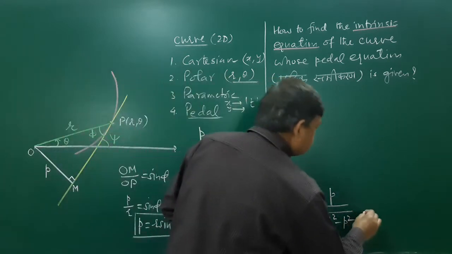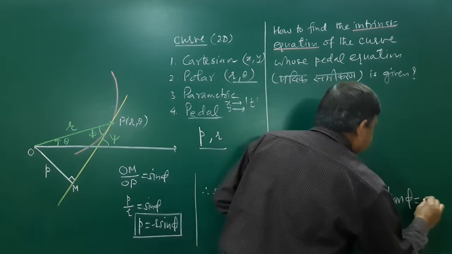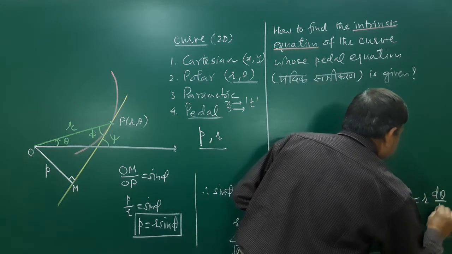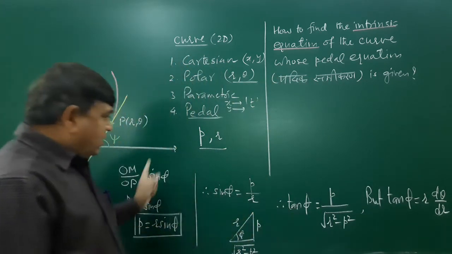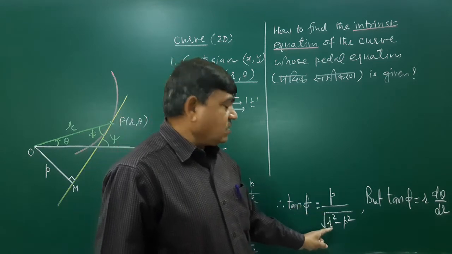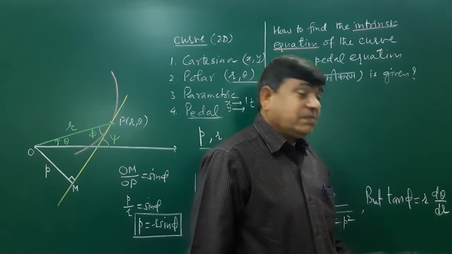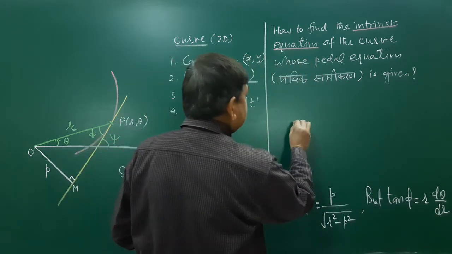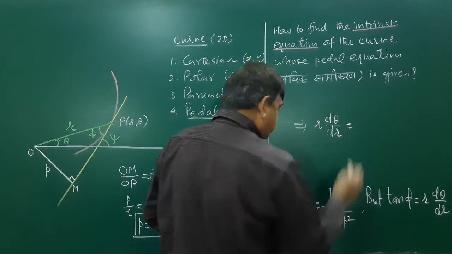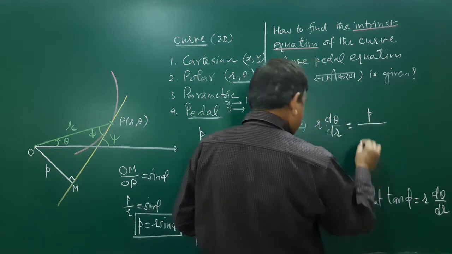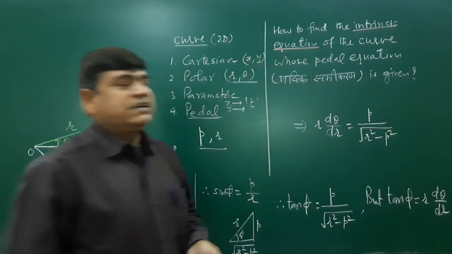But tan phi is r d theta by dr, we people know that. So this implies r d theta by dr equals p upon under root of r square minus p square.